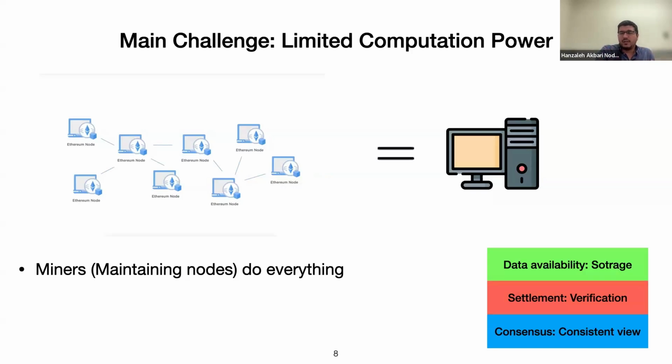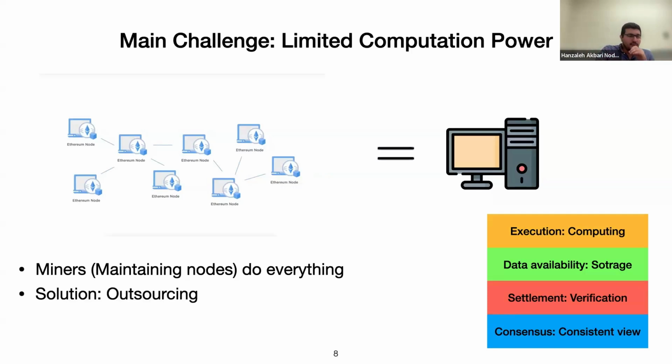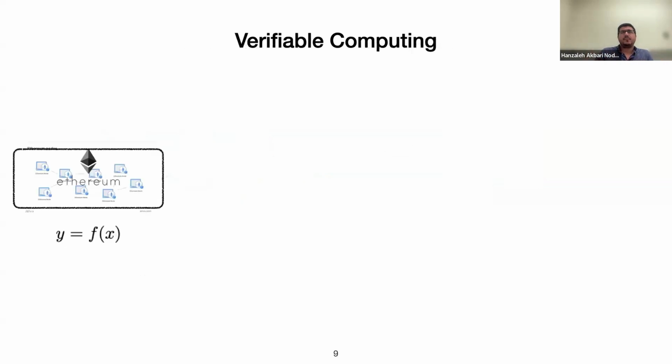They provide data availability, something like storage providing, and they also provide execution and computing, lots of algorithms. And in order to have decentralized machine learning, one of the solutions is to outsource the computation among different nodes. And the main way to do that is to utilize verifiable computing.